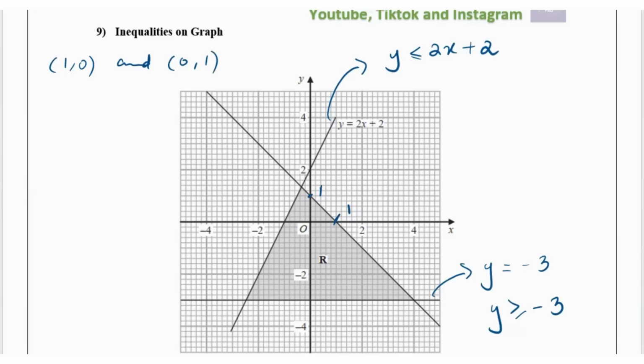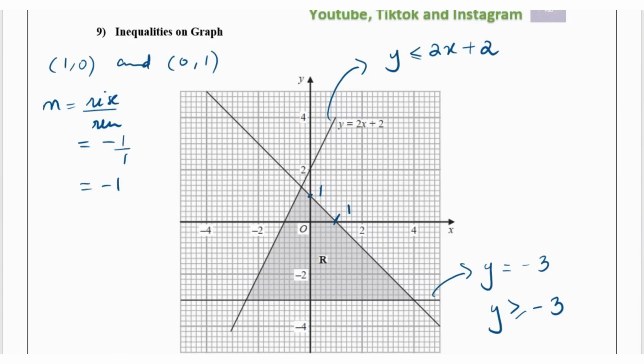So if you look at this slope, our rise over run is going to be, rise is by 1 unit and run is by also 1 unit, but it's -1. So our slope is -1.